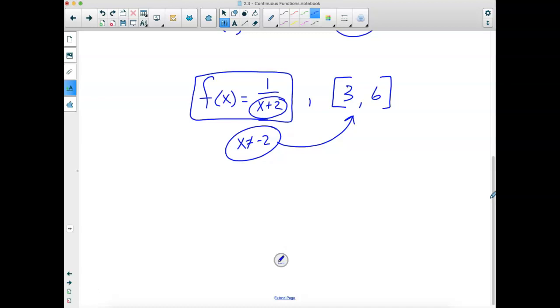I would be able to use the intermediate value theorem on it. So as long as the function does not have a discontinuity on the interval they give you, you can use it. But if it does have a discontinuity in there, it does nothing for you, okay?